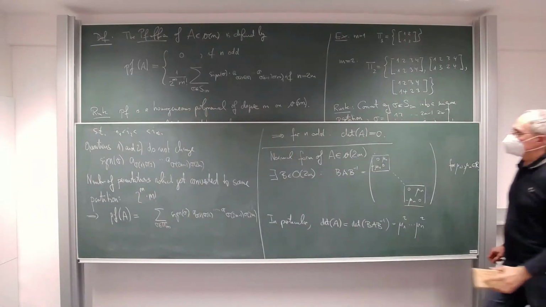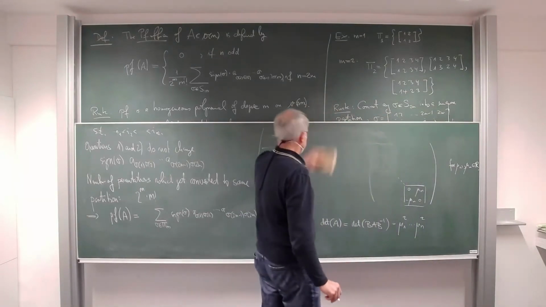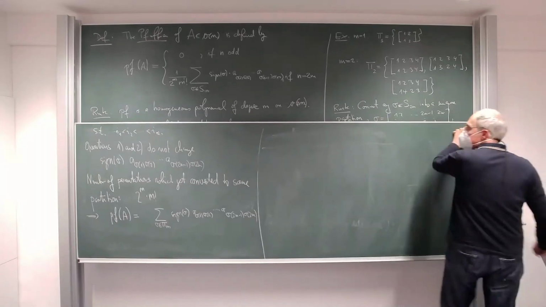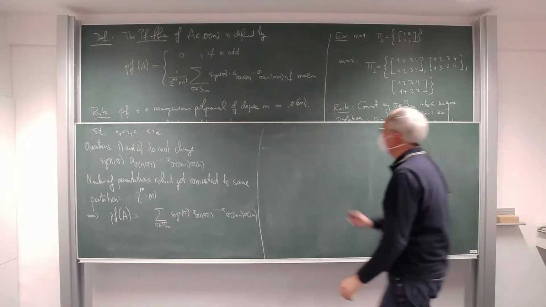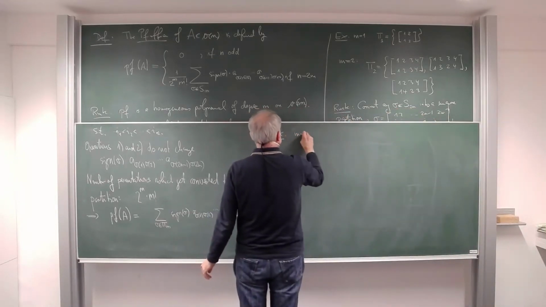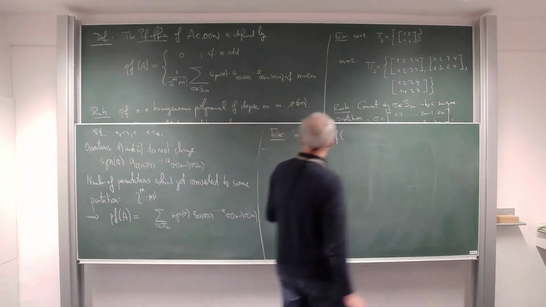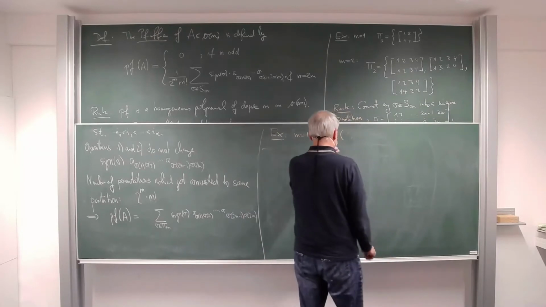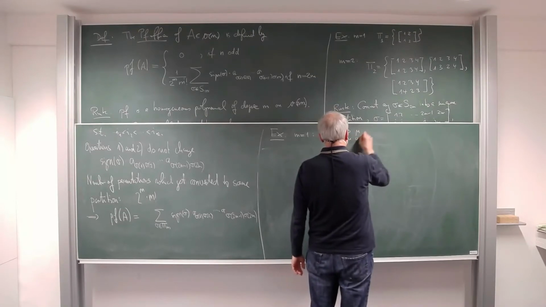Okay, so let's now look at examples, and we have the partitions listed up here already. If m is equal to 1, there's only one partition, so these are 2 by 2 matrices. And as I said, these have the following form.